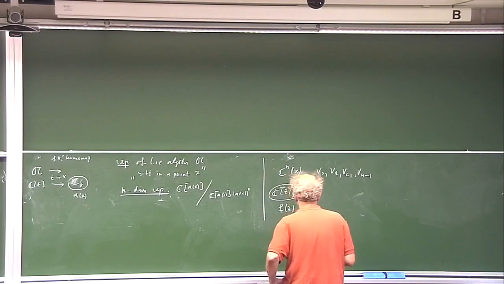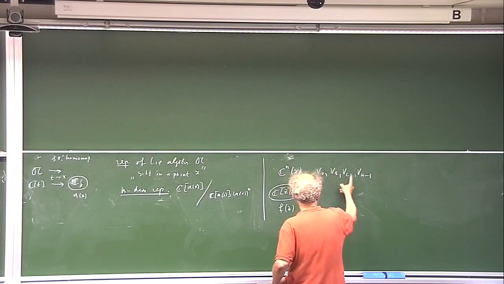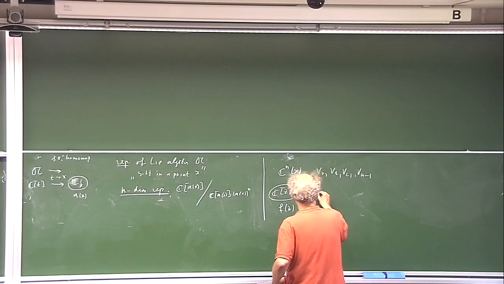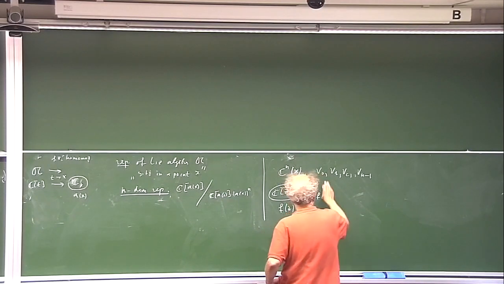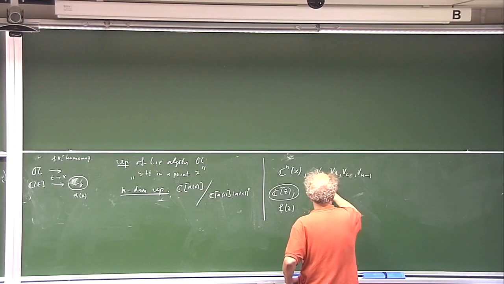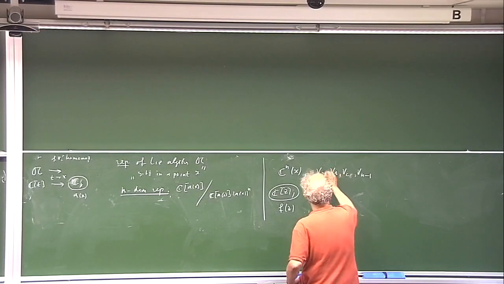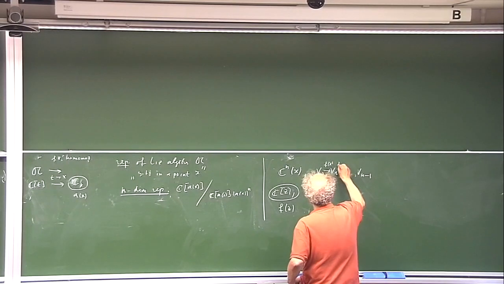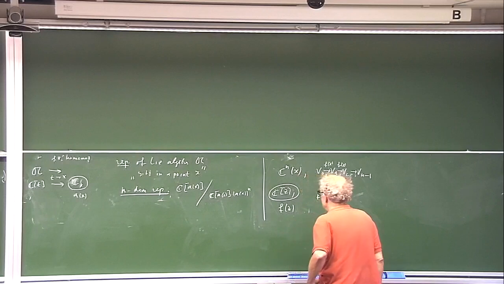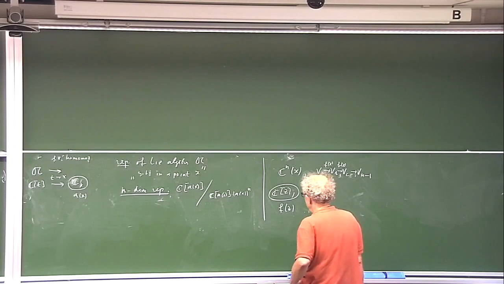The action is the following: I have this polynomial evaluated at x, which is some number, and in the vector space with basis v_0, v_1, v_2, v_3 it acts this way: from this to this is multiplication by this number, from this to this is also multiplication by it, and so on.